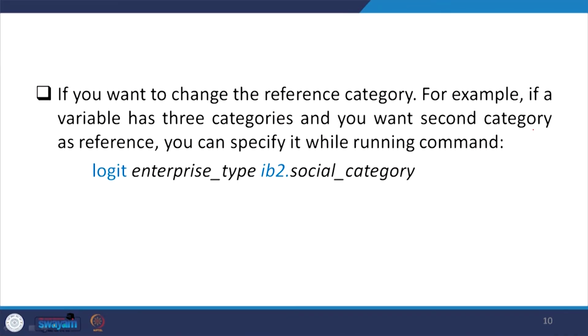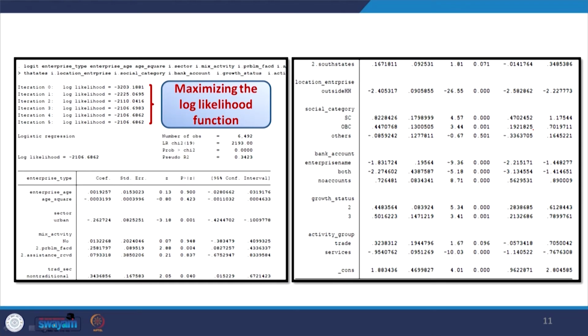So, if you want to change the reference category, you can accordingly specify, and the rest of the details are the same. Now, we have already discussed maximizing the log likelihood function. The 5 iterations we already discussed, and some other interpretation we already showed you.